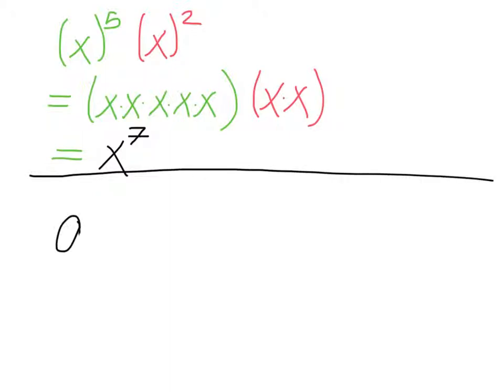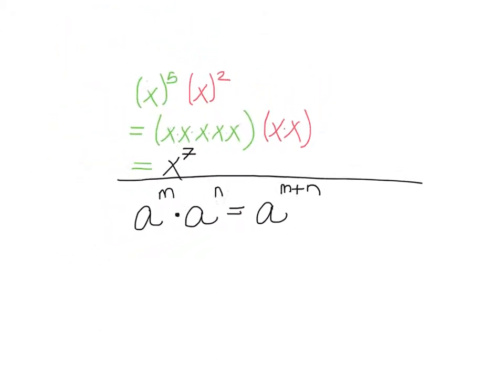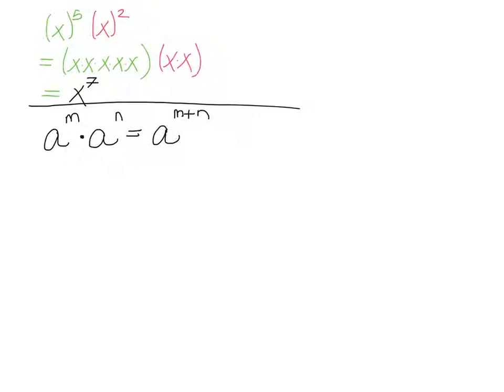If I have the same base a raised to the m power, times the same base a raised to the n power, then all I have to do when multiplying is write one term and add the exponents. So, not too bad. We're going to set that off to the side for a second, and consider the same problem, only division.